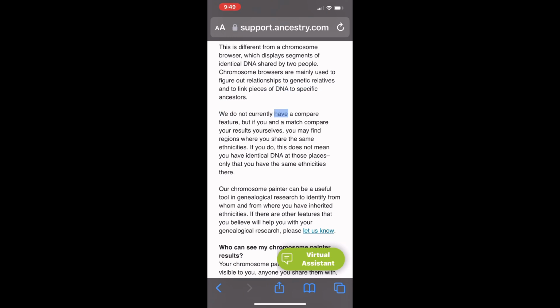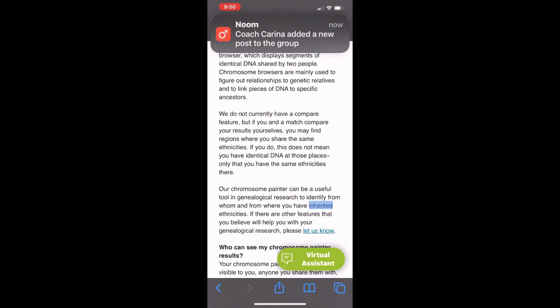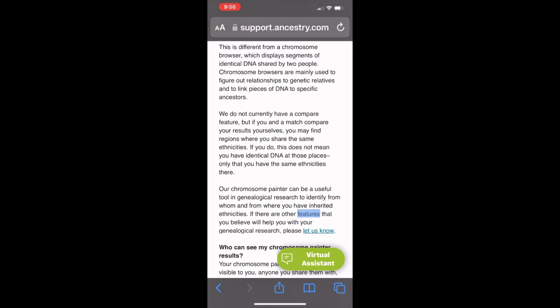We do not currently have a compare feature, but if you and a match compare your results yourselves, you may find regions where you share the same ethnicities. If you do, this does not mean you have identical DNA at those places, only that you have the same ethnicities there. Our chromosome painter can be a useful tool in genealogical research to identify from whom and from where you have inherited ethnicities. If there are other features that you believe will help you with your genealogical research, please let us know.